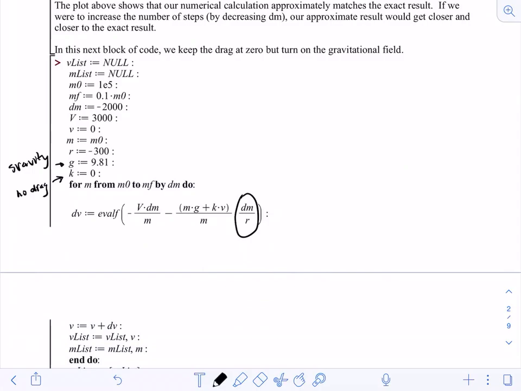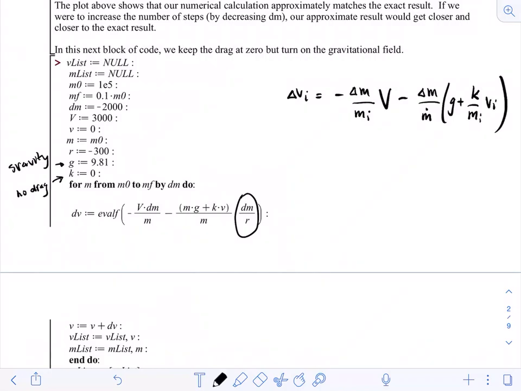And so why is that important? It's because, if you look back at our notes, delta vi was equal to minus delta m over mi v minus delta m over mi g plus k over mi vi.